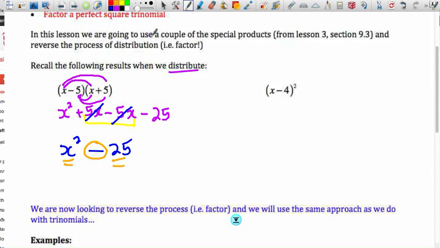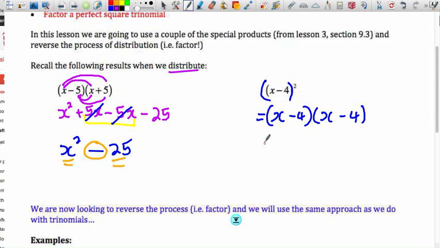Okay, so let's move to x minus 4 all squared. As we know, this should be written out as x minus 4 multiplied by x minus 4, just as x squared is x times x. So if we square an entire parenthesis, we must write out x minus 4 times x minus 4, and this is a binomial. There are two terms in each parenthesis, so we must not make the mistake of simply squaring each term.